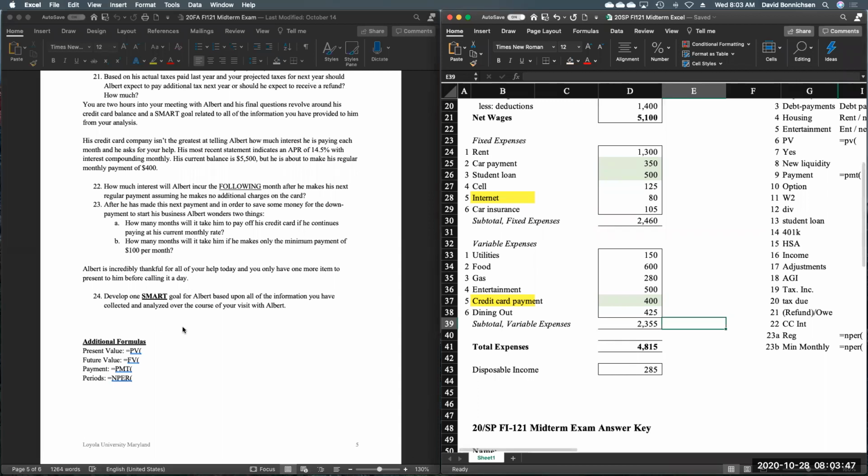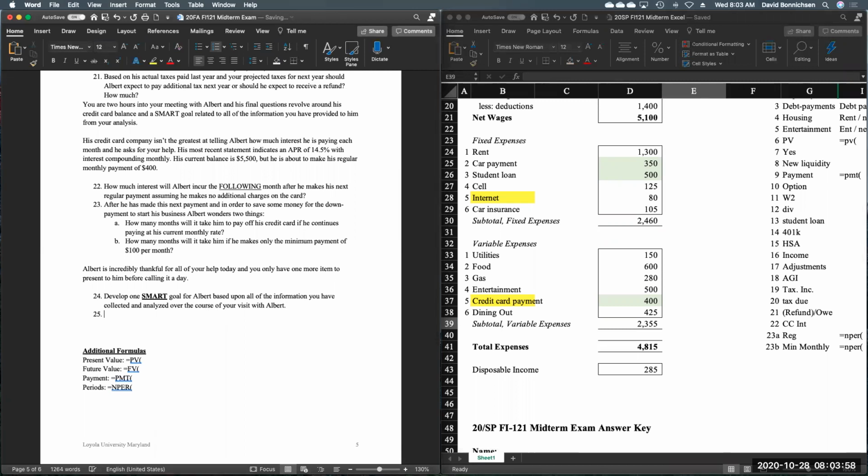So if you want to get some points back on question 24, you need to write down literally, like I'm going to do it right now, and I'll show you what I'm talking about. Okay, so SMART, and give me a response for each one of these 5 different variables, and you'll get your points back for that. All right.